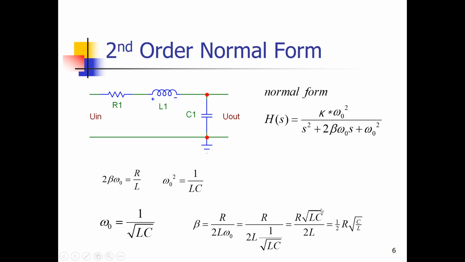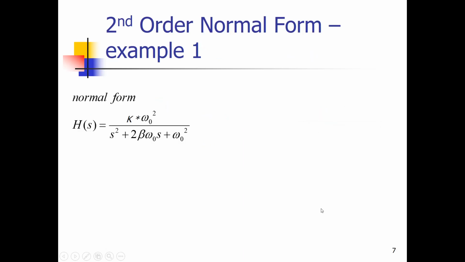Okay, that was purely mathematical. So now let's look at an example with numbers in it. Suppose I have this system. H is the transfer function, which is equal to 1 over 2s squared plus 3 times s plus 8. And now I want to calculate the omega 0, the beta, and the gain k over here.